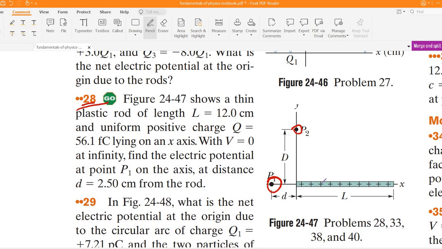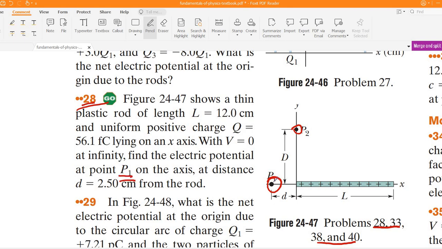So there are 2 points, and this figure, as you can see, is applicable for problems 28, 33, 38, 40. For us, we are now dealing with 28, and this one only involves P1.